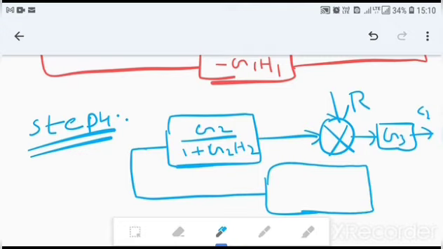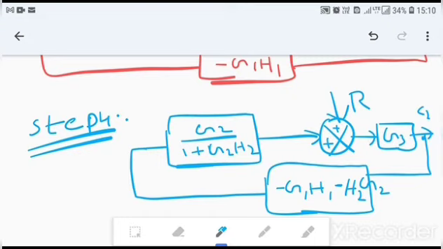We have minus G1 H1 in forward path with H2 G2, that is also minus, so H2 G2 we get here. This is in feedback, it is coming from output to input, and here we have plus, and this is plus to the summing point.